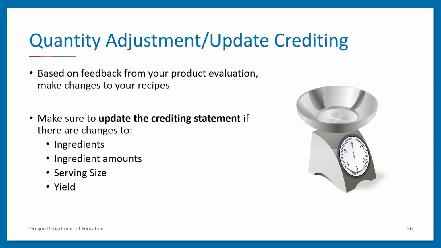Maybe it's that you need less salt in the recipe or that your participants didn't like the type of cheese in your recipe. While not all recipe changes will require an update to your crediting, you must update your crediting statement if there are changes to your ingredients, the amount of your ingredients, the serving sizes, and the yield. Changes to any of these elements may change your crediting statement.